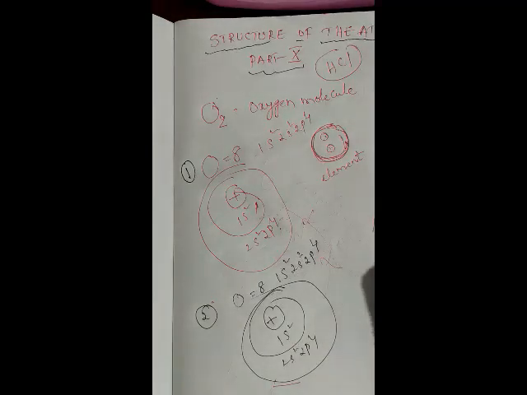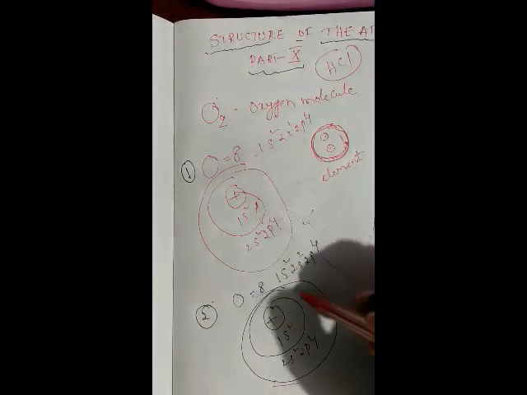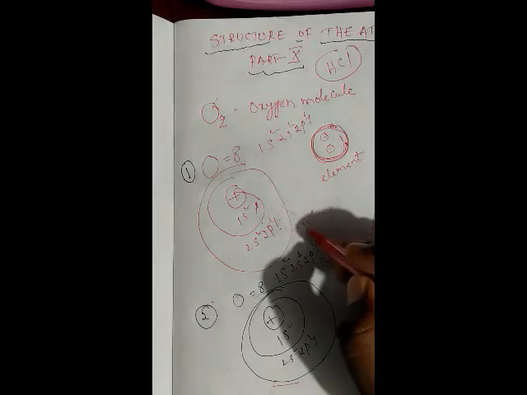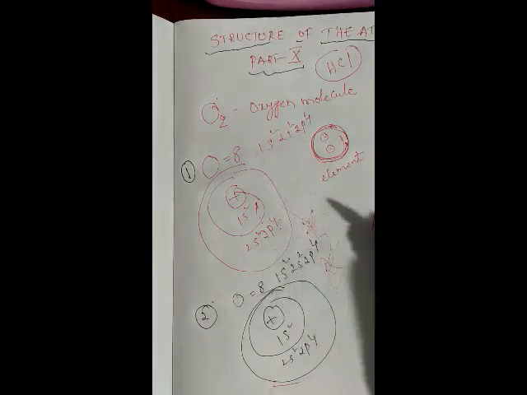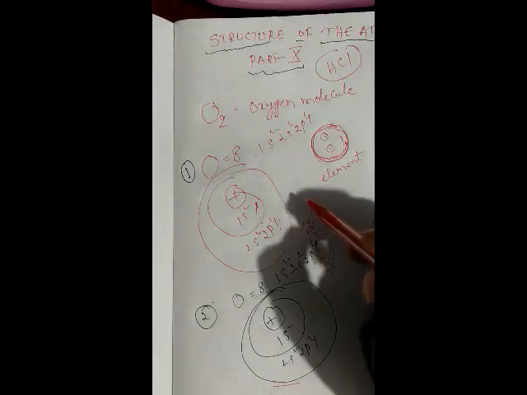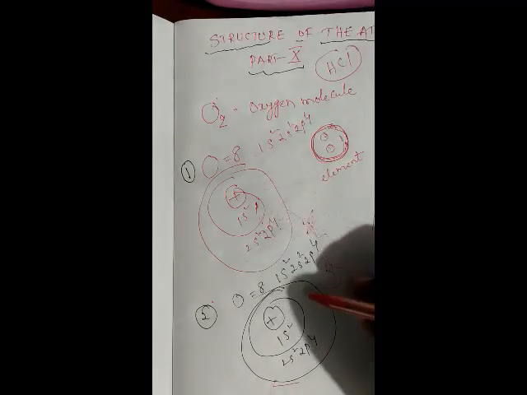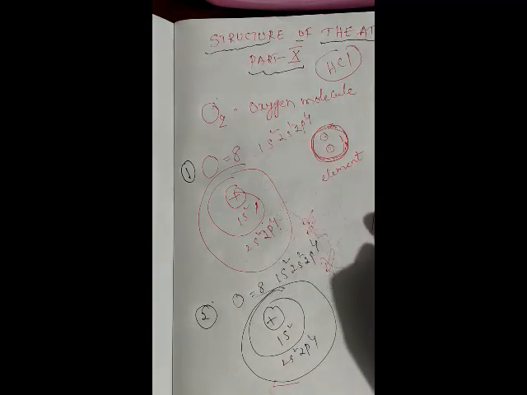So these two oxygen atoms will share their electrons with each other, and then they will become stable atoms.